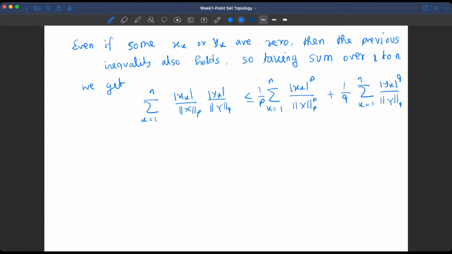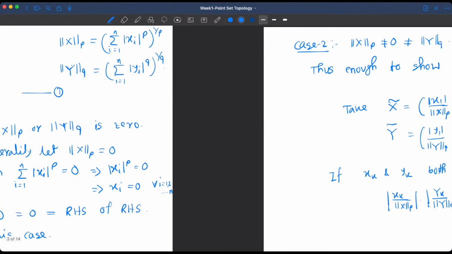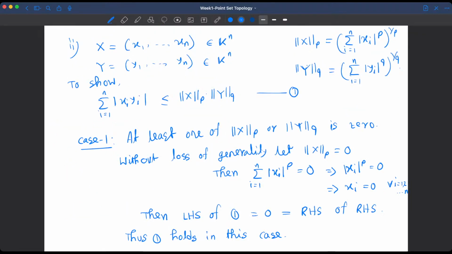Now see, norm x_p power p is a constant, so it will again come out of the sum. So this is just the sum over k equal to 1 to n of mod xk power p, which by the definition of this norm is just norm x_p power p, right?